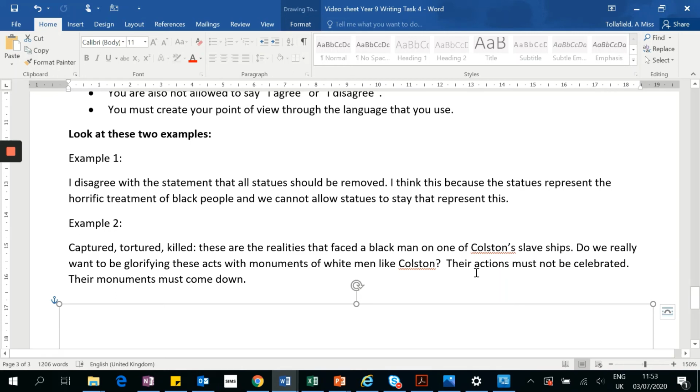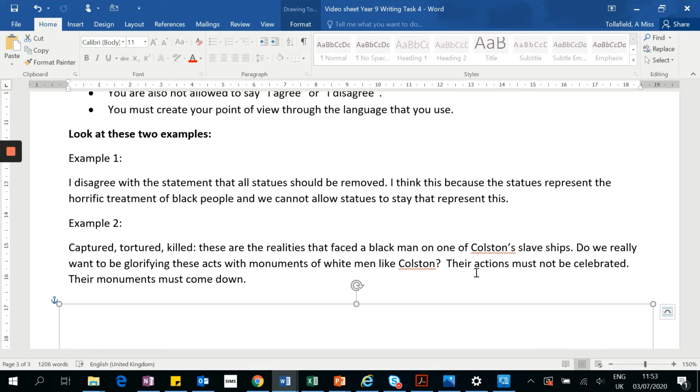Their final sentences then, again, reinforce that clear point of view. And here the student used a must not, must sentence. Their actions must not be celebrated. Their monuments must come down. And that then leads them nicely onto their middle section, where they will explain why these statues must come down.